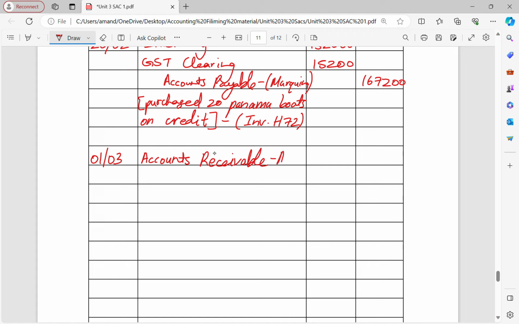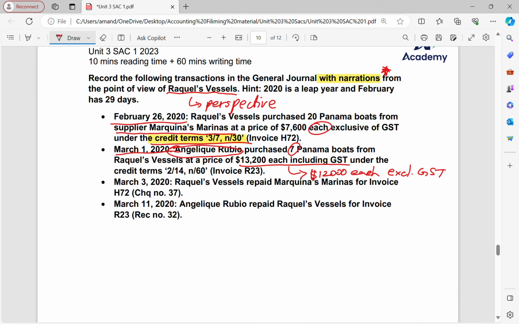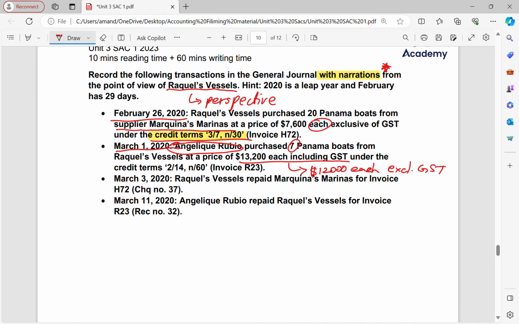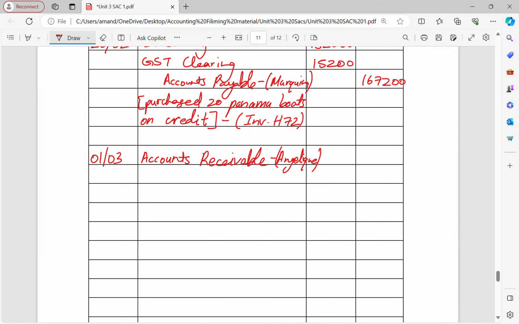Accounts receivable always includes GST. You guys should remember this. I'm just going to put Angelique, which is going to be 12,000 times 7 times 1.1, or 13,200 times 7, which I can simply put as 92,400.